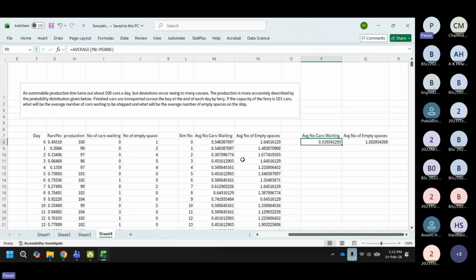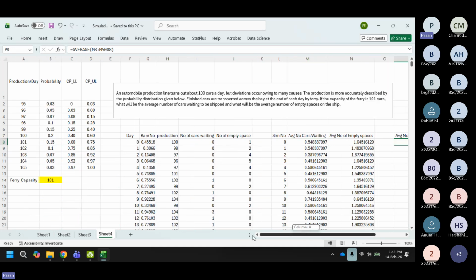So maybe initially you have the capacity as 101, and you can drop down to 100, or drop the capacity down to 99 or something like that, so that you have freedom to change that as well.